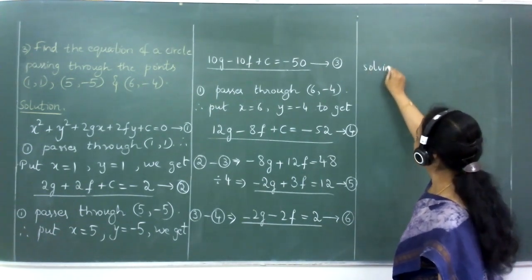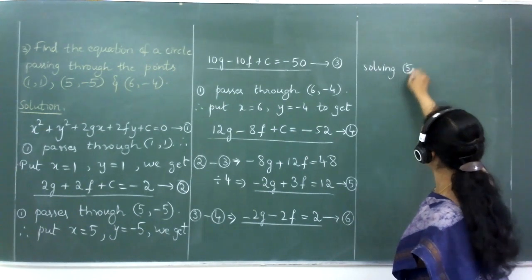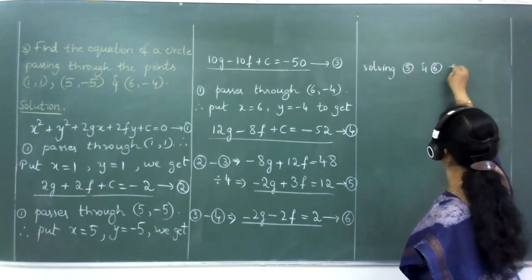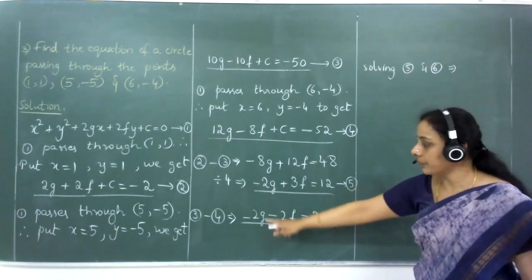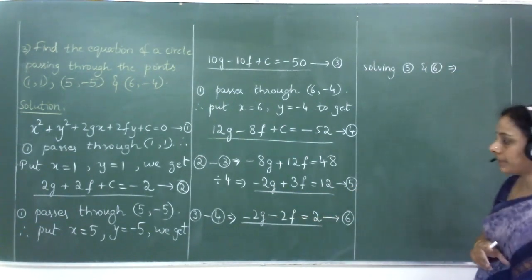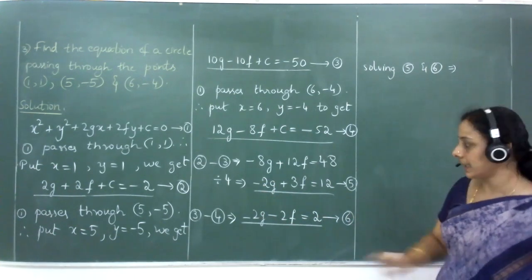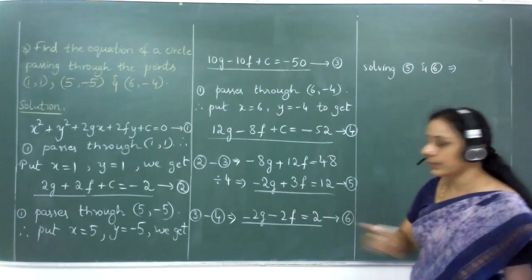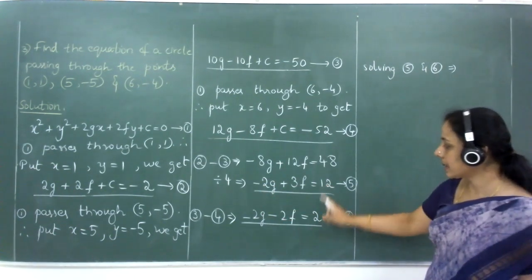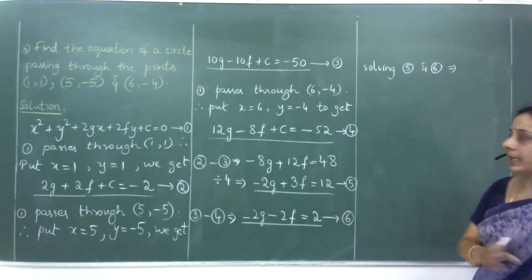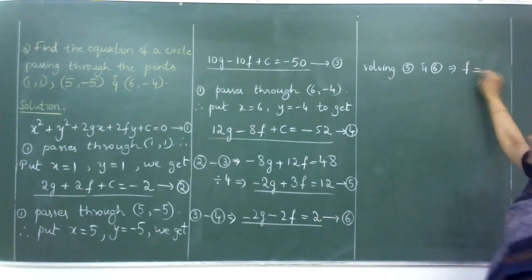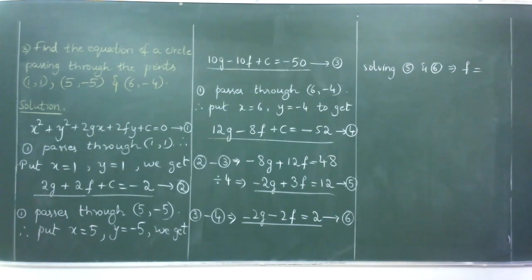Solving 5 and 6 implies, if I have to eliminate g here, I have to subtract the 2 equations. Minus 2g plus 2g will cancel out. 3f plus 2f will be 5f, which is equal to 12 minus 2, that will be 10. Therefore, you are getting the value of the first parameter, f is equal to 10 by 5, which is equal to 2.